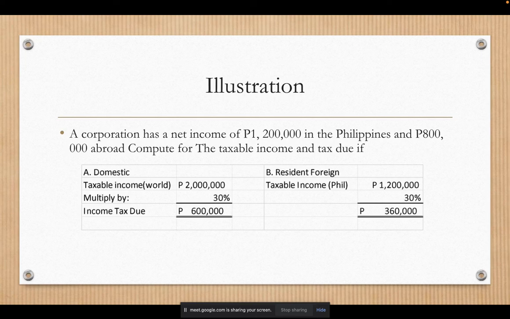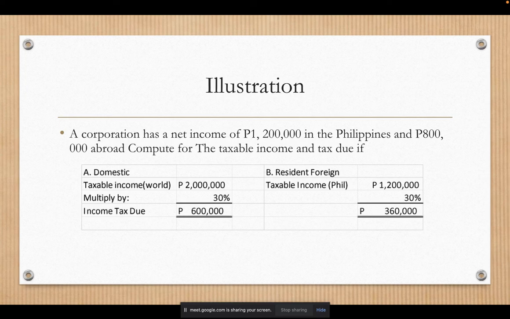So, if it's a domestic corporation, isasama natin lahat because a domestic corporation is taxable for income within and outside the Philippines. So, it's 2 million. Under the old law, the TRAIN law, then 2 million times 30%.